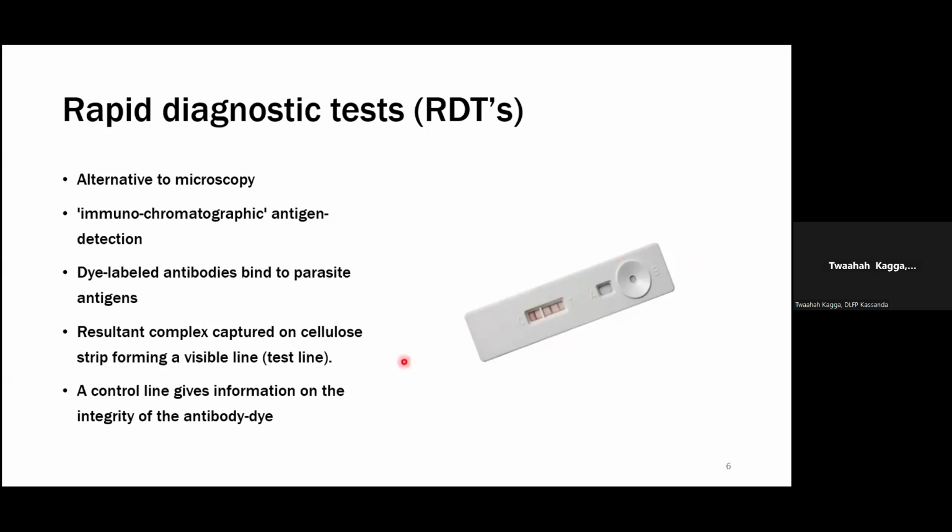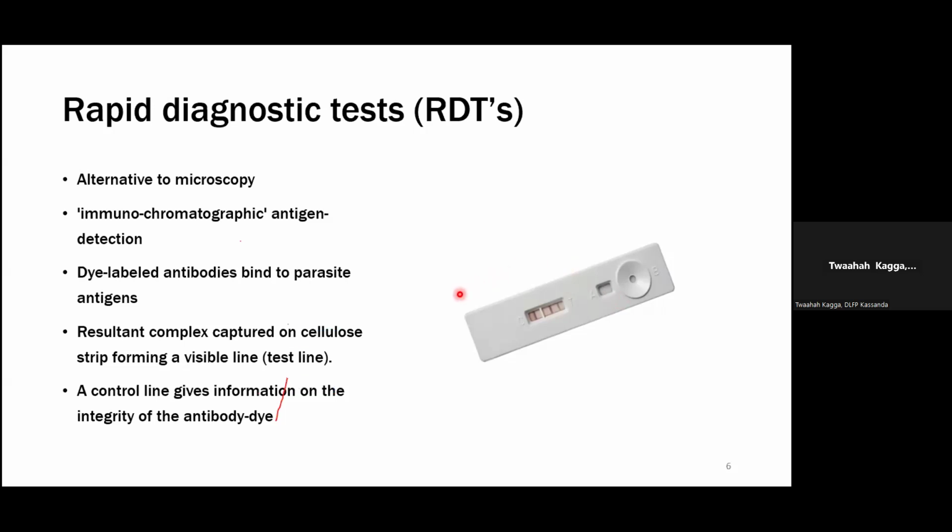These RDTs employ the principle of immunochromatographic antigen detection, where dye-labeled antibodies are embedded in this cassette on a cellulose strip. They bind to malaria antigens, if they are present in a sample that is put into the cassette.